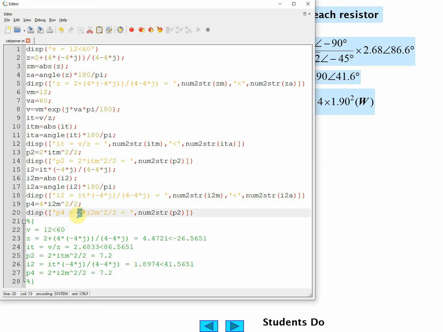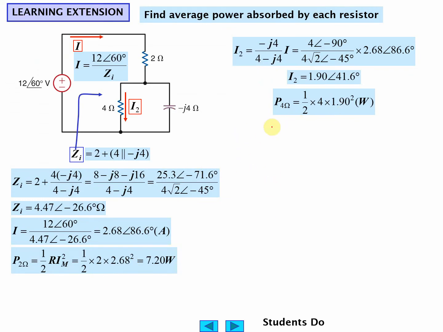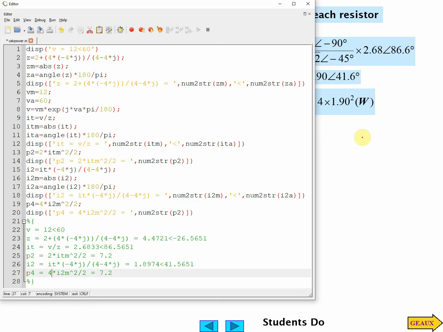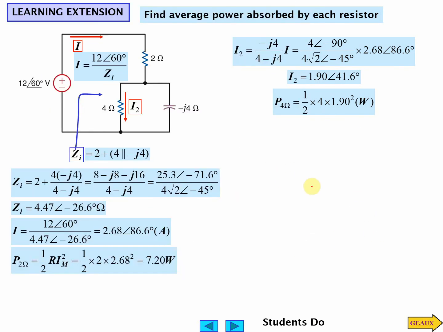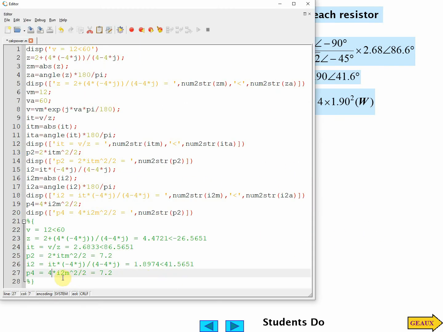So I need to change this part of my editor right here. Resistance times I squared, 1/2. There you go, 1/2 resistance I squared. And they didn't calculate it, I did. Oops, let's go back to this. And I get 7.2 watts, which is kind of weird.